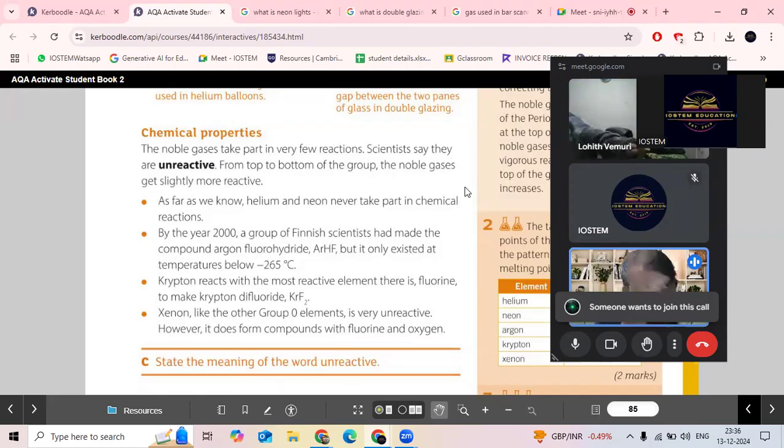From the top, that means helium and neon, you will never see them in any compound reactions. So we can say that helium and neon never react with any compound.